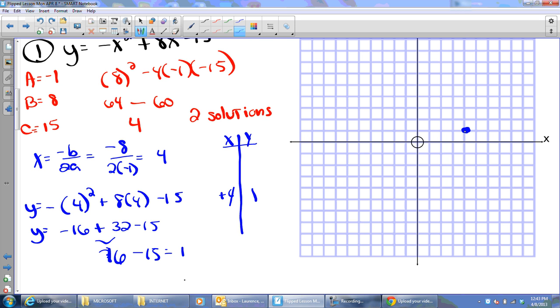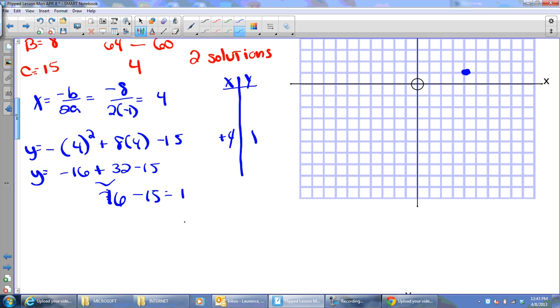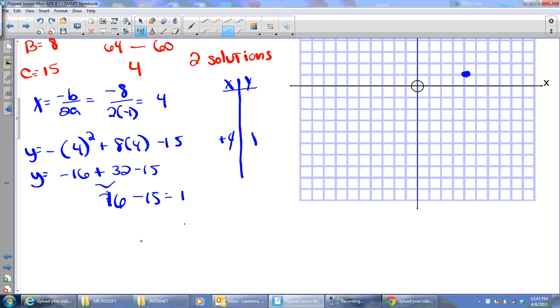And now I'm going to go find out what those two solutions are. So I'm going to use the full quadratic formula for this part. And so I'll go x equals negative b plus or minus the square root of b squared minus 4ac all over 2a. And notice I just put the b squared minus 4ac in as 4. That's the simplest answer.